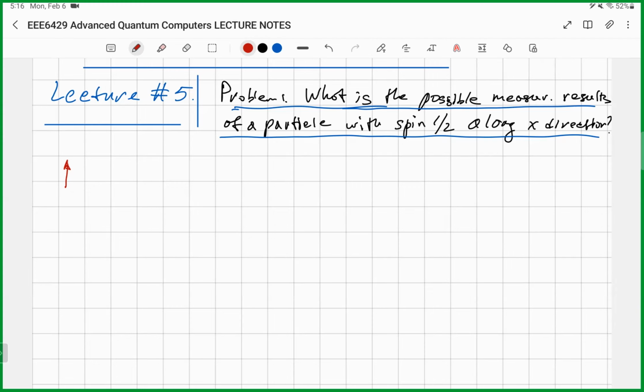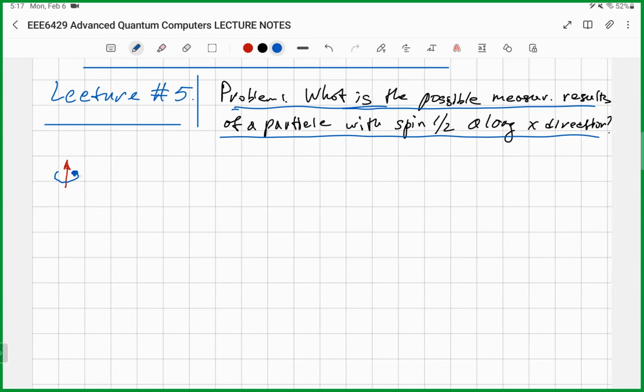For example, if this particle rotates counterclockwise in this direction, I use the right hand rule: if my fingers surround this red arrow counterclockwise, then my thumb points up.